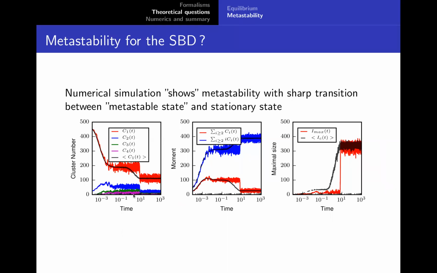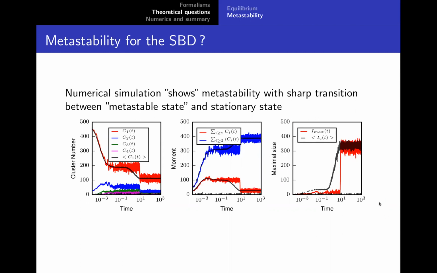In color, it's one simulation, and in black, it's averages of a few of them. And no matter which output we calculate or plot in this figure, we typically see that the number of a given species or their mass or the number of polymers will spend a while, in a log scale in time, in some state before reaching the stationary state. And if we decrease the supercritical density, it will get larger and larger.